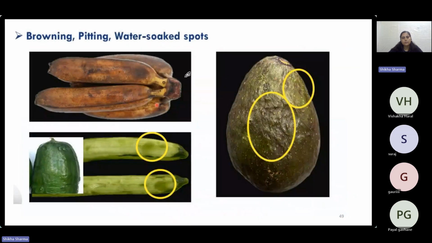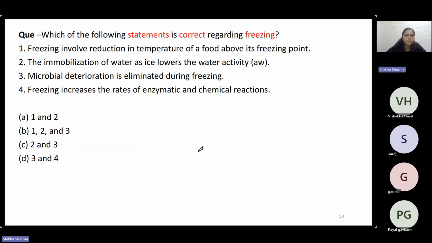These are the diagrams. In banana we can see browning because of chilling injury. In avocado we can see pitting, in the circled area, and in the cucumber we can see watermarks, so water spots will be there. This kind of thing we can see when the fruit has undergone chilling injury.